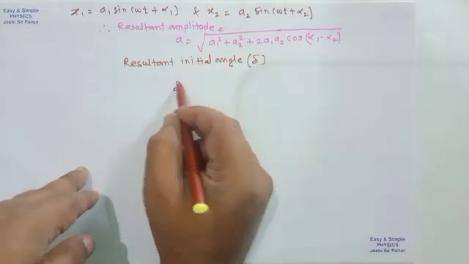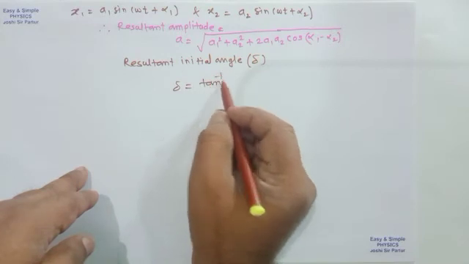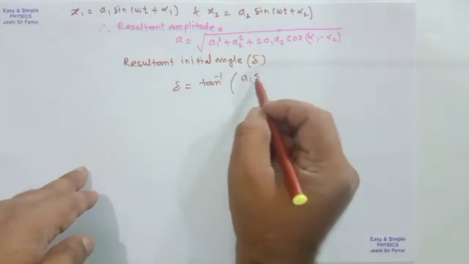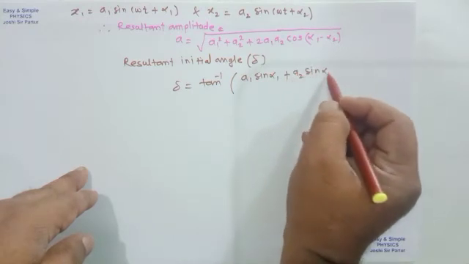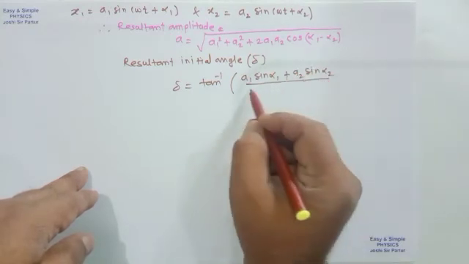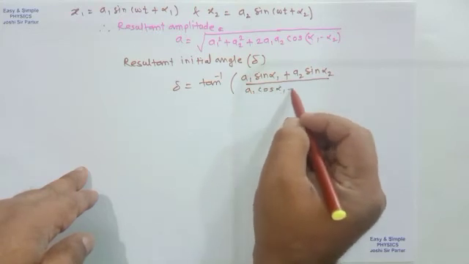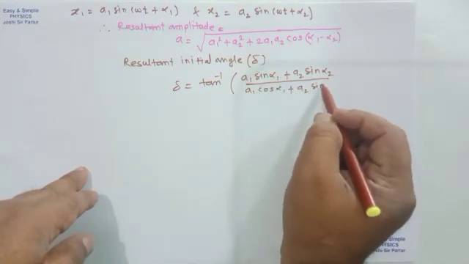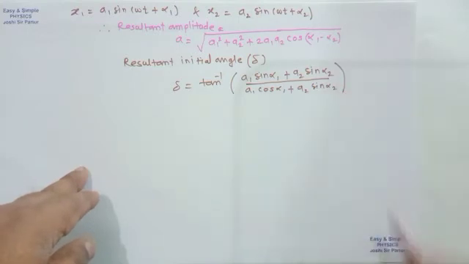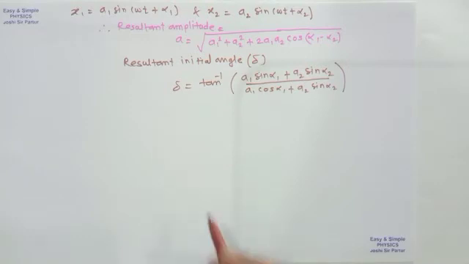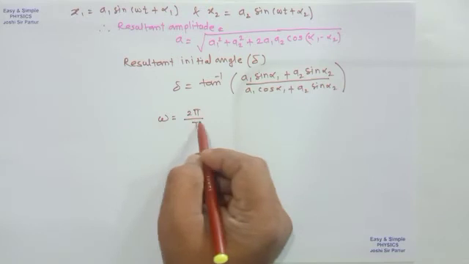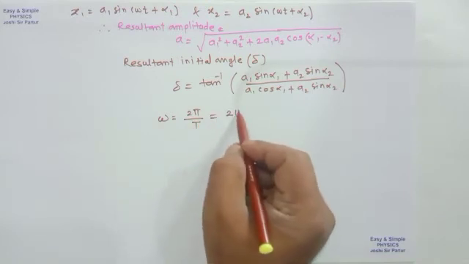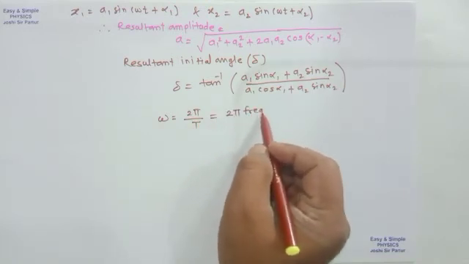So delta is equal to tan inverse of, in bracket, a1 sine of alpha 1 plus a2 sine of alpha 2 upon a1 cos of alpha 1 plus a2 cos of alpha 2. Again, we can use the formula omega equal to 2 pi upon capital T, or omega is equal to 2 pi into frequency.